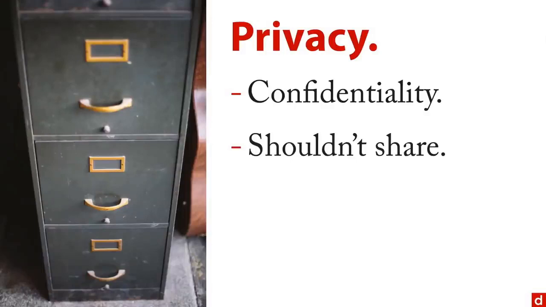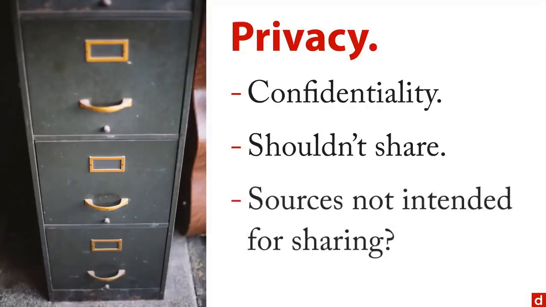One of the reasons this presents a special challenge in data science, as we'll see later, is that a lot of the sources that are used in data science were not intended for sharing. If you scrape data from a website or from PDFs, you need to make sure that it's okay to do that, but it was originally created without the intention of sharing. So privacy is something that really falls upon the analyst to make sure they're doing it properly.